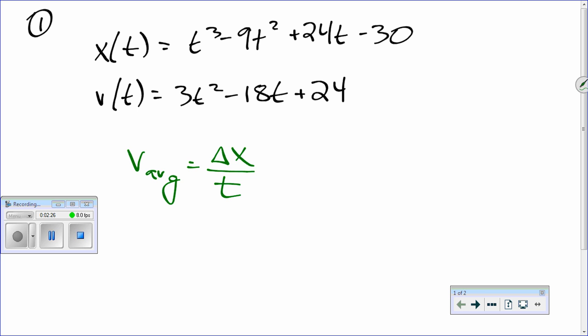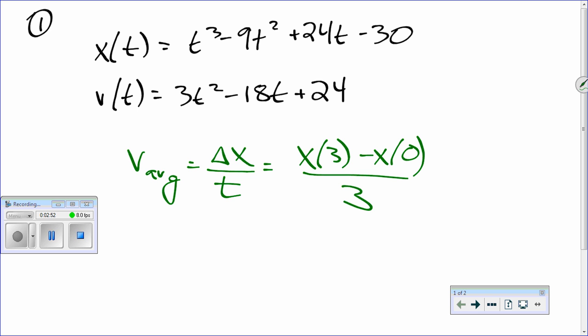So what you needed to do was find the position after 3 seconds, the position after 0 seconds, final minus initial, and then divide it by the time. Does that make sense? Everybody good with that? Does anybody not understand, if they got it wrong, why they lost points, why what they did didn't work?